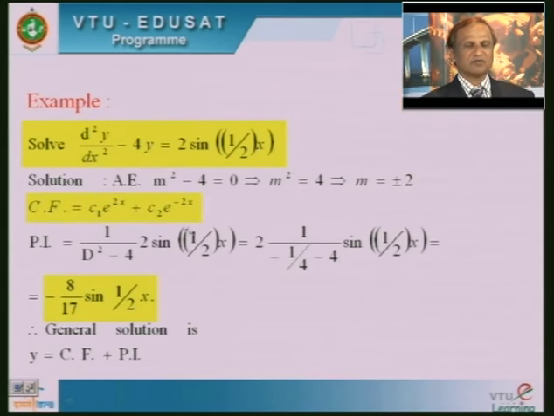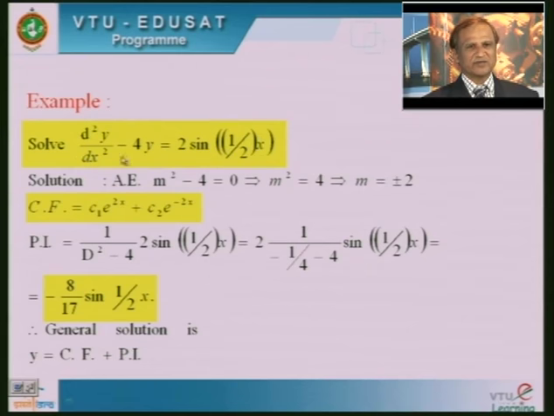So, why don't we solve one similar type of example. It is given: solve d square y upon dx square minus 4y is equal to 2 times sin of 1 upon 2 x. Here you observe what the value of a is. It is of the type sin of ax. Before that, you identify whether it is homogeneous or non-homogeneous.